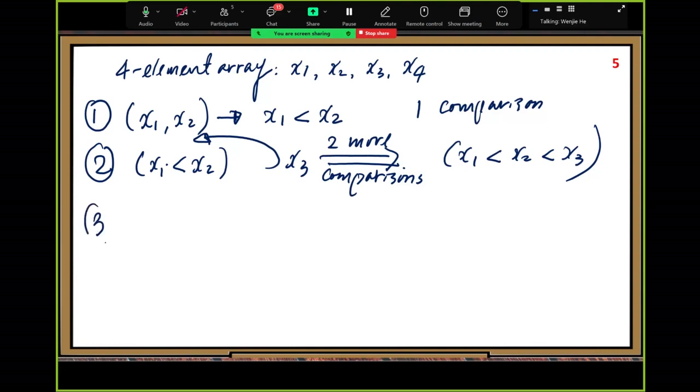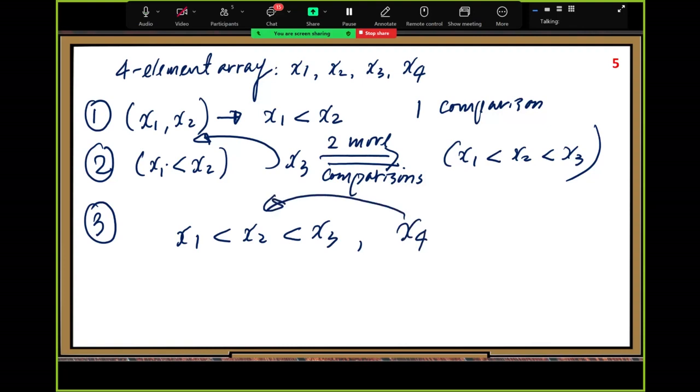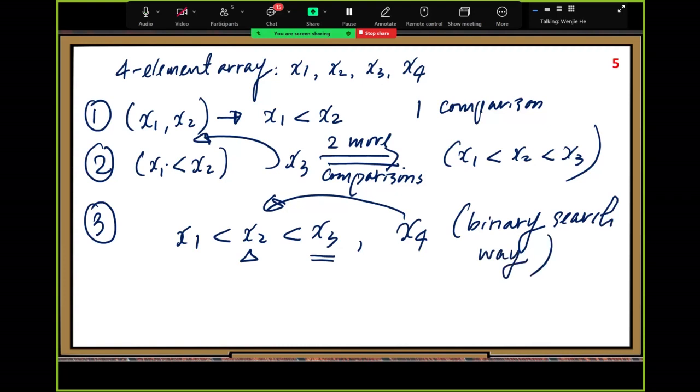In step 3, you already have x1 less than x2 less than x3. Now you have x4 and want to insert it at the right place. For the first comparison, you do not compare with x3; you compare with x2 first, using the binary search way, comparing the element in the middle.